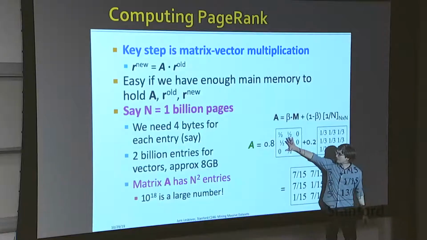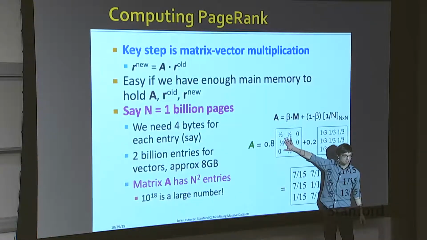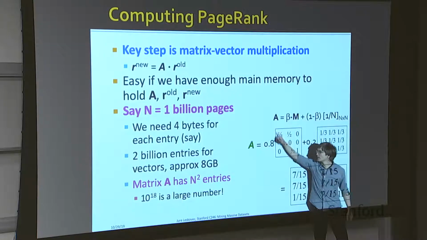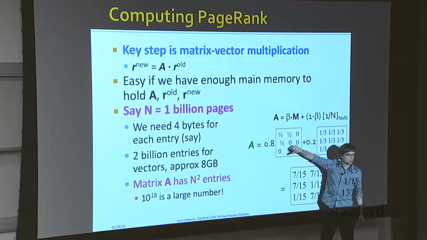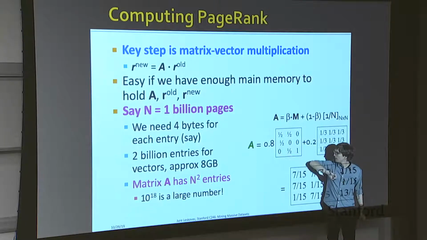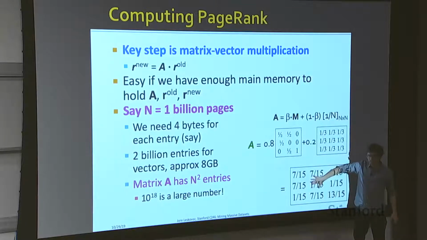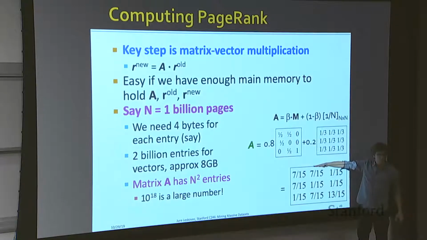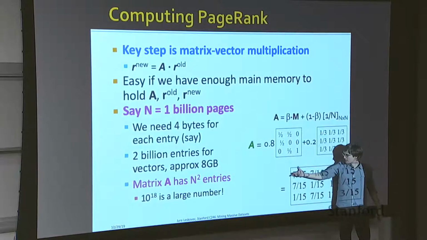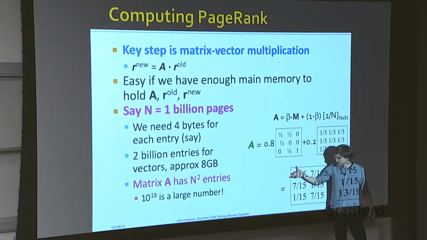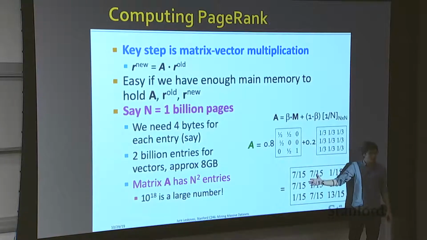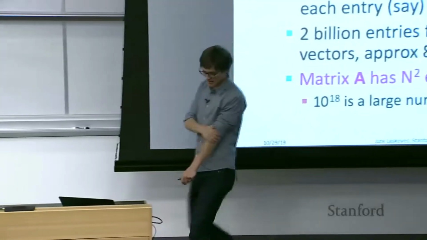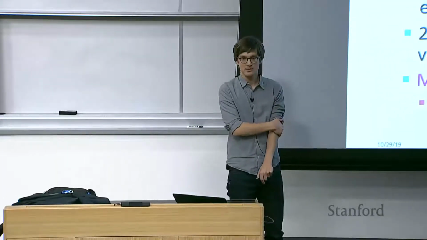I can have the matrix if it's sparse, right? In our AltaVista case, this was 200 million by 200 million, and it had 1.5 billion non-zeros. A billion is 10 to the 9. Here it would be 200 million by 200 million, so that's 10 to the 8 each, which would be 10 to the 16. 10 to the 16 is 10 million billions.